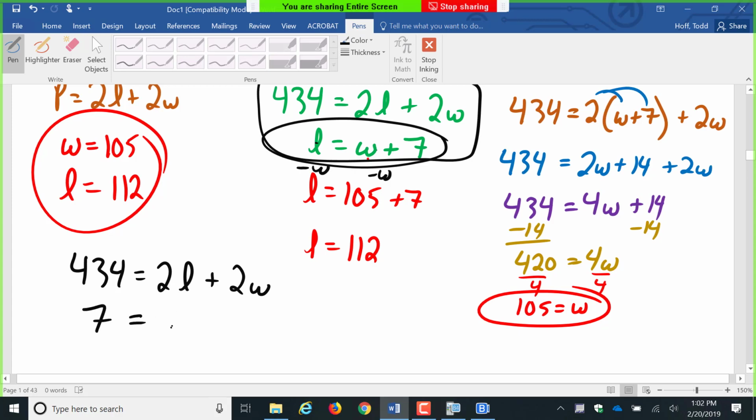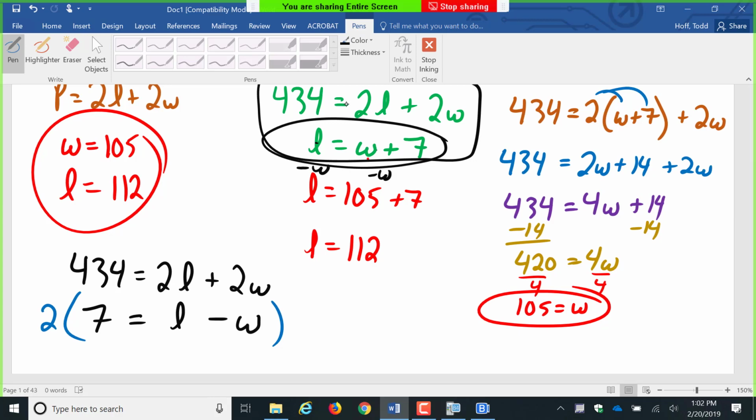This would have been L minus W. And so to use the addition method, all I would have had to do is multiply the bottom one by 2, and we could have gone from there. We would have had a positive 2W and a negative 2W. So many of these could just as easily be solved with either method, the substitution or the addition method. Some of them look more apparent that substitution is easier, or others look more apparent that the addition method is easier.